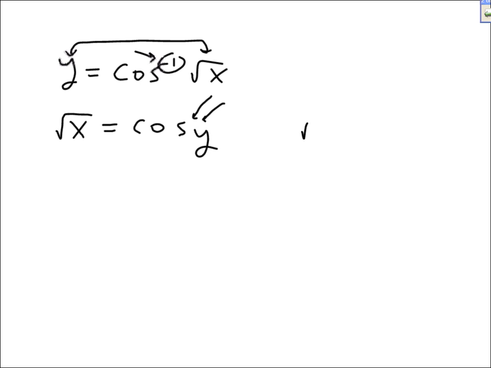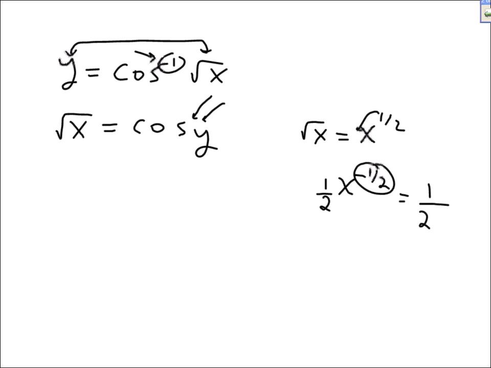The square root of x is x to the half. And the derivative is, well, you bring down the power, you make the new power 1 less. Bring down the half, take away 1. Since this is a negative exponent and it's in the numerator, I'll put it in the denominator, and x to the half is square root of x. So the derivative of that is 1 over 2 square root of x.